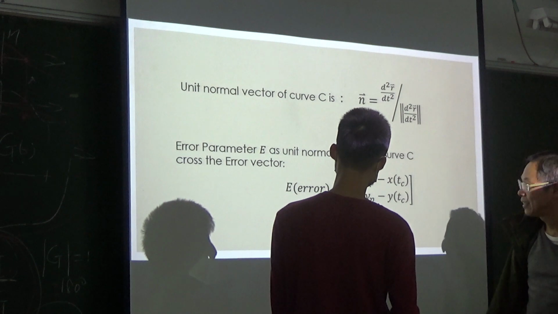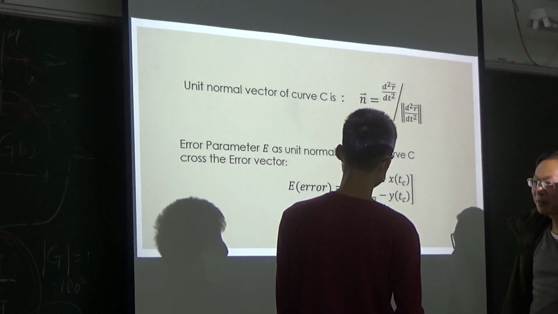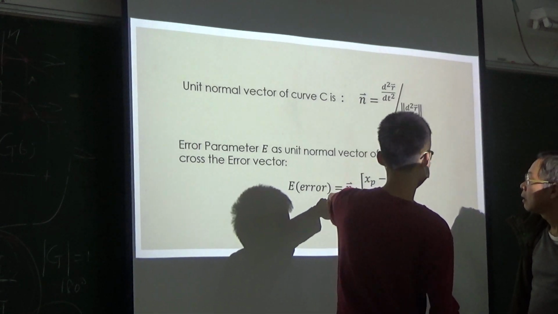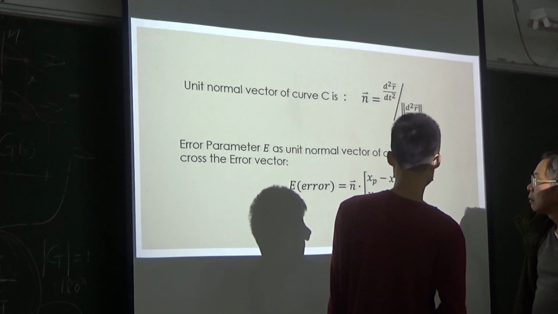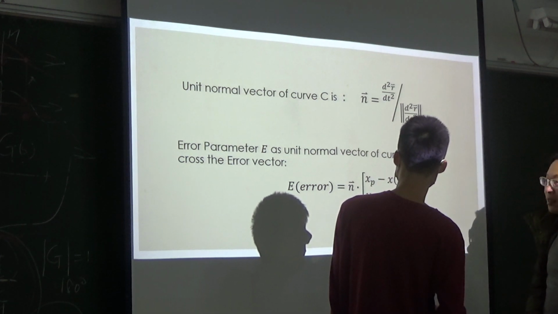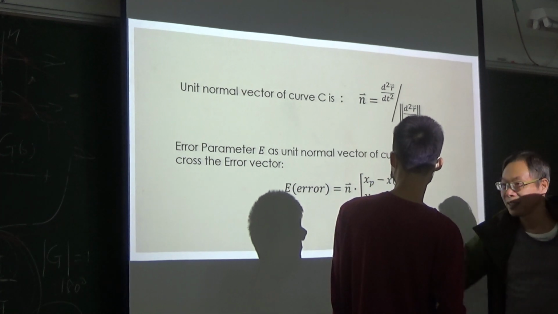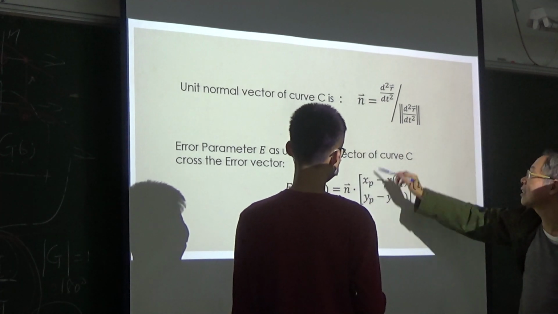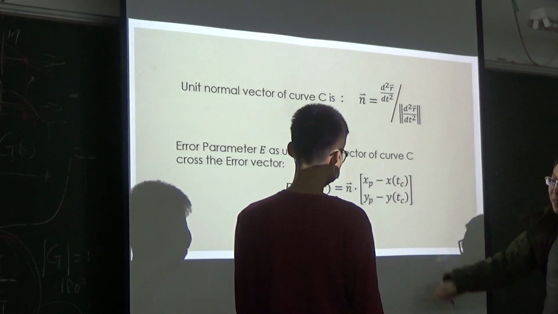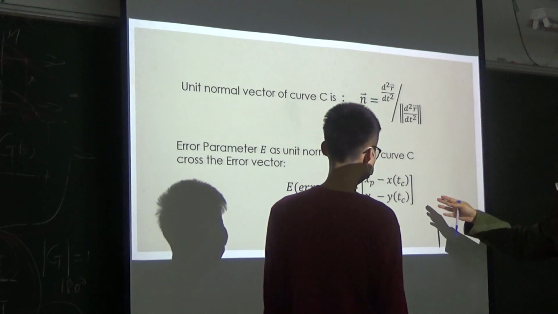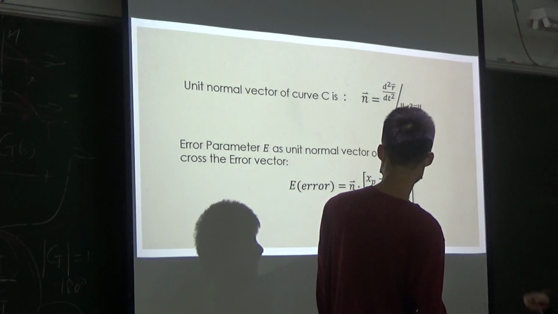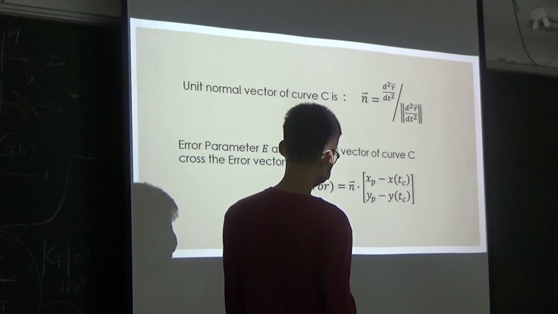So you don't need to do it this way. It's already this one, your E. Huh? No, they are all scalars. You just take the magnitude, you don't need such a complicated definition. Your normal vector is actually parallel with this one by the definition of TC. Because TC is defined that way, so this is parallel to it. So you only need to take the magnitude, and it becomes a scalar. Taking the square is too much. OK, next.